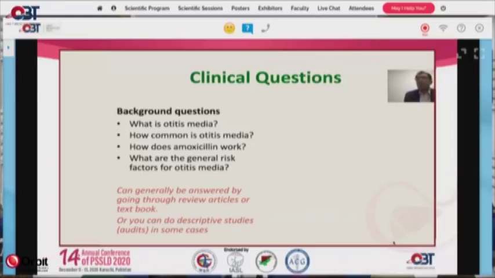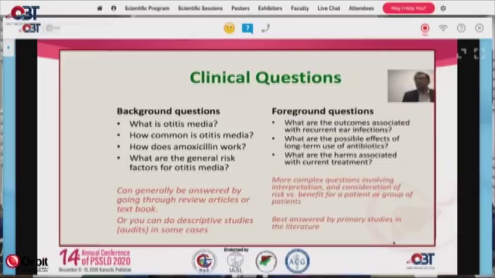So what I would urge you is that whenever you are thinking of a research project, think about your study question and make sure you stay away from these background questions, and instead think of these foreground questions, which in this case would be: what are the outcomes associated with recurrent ear infections, what are the possible effects of long-term use of antibiotics, what are the harms associated with current treatment.